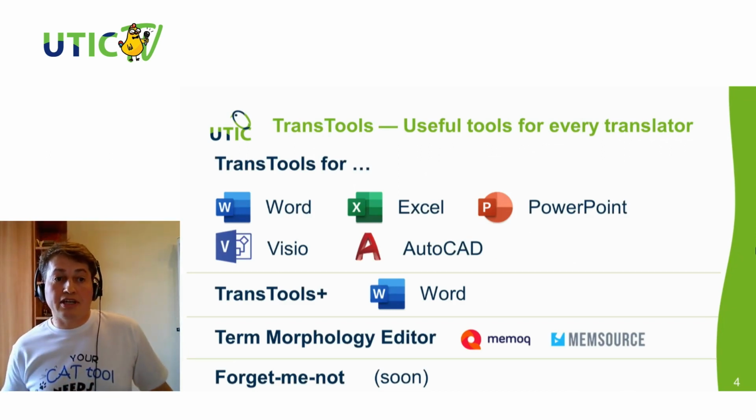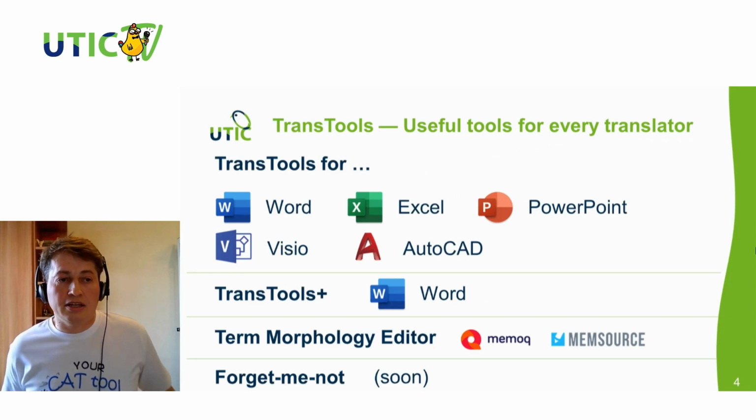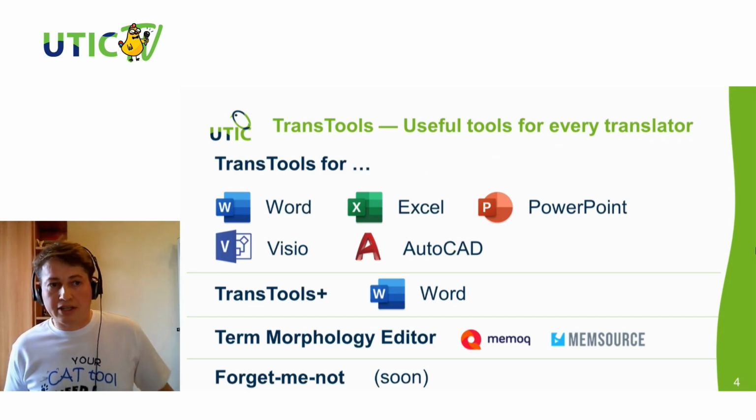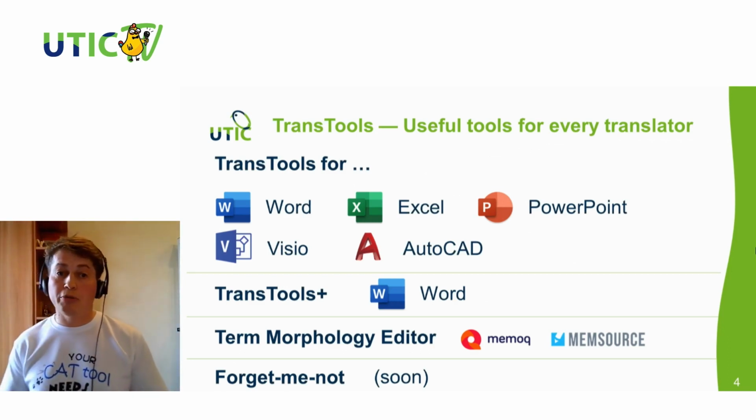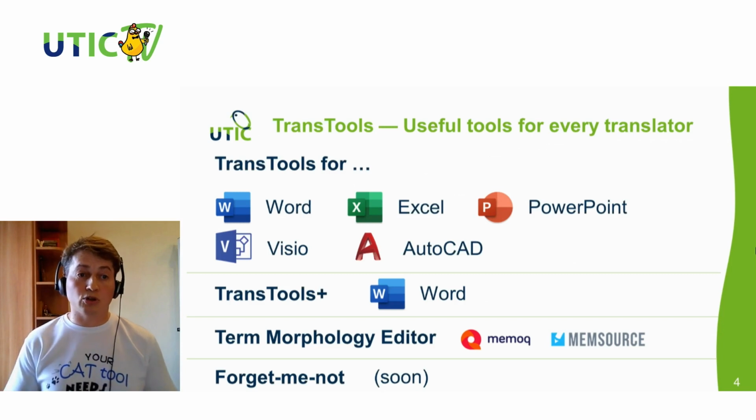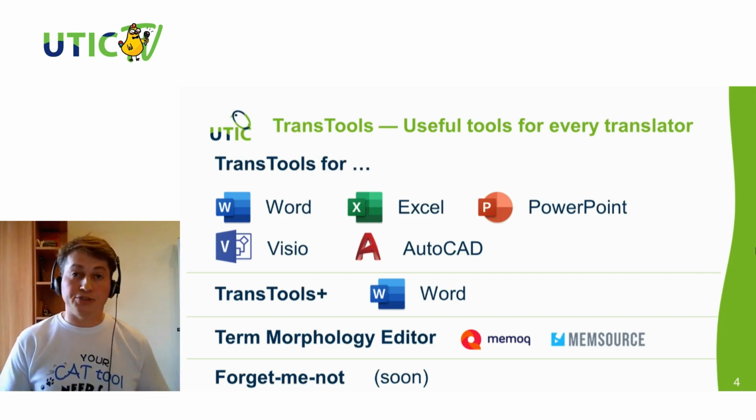TransTools products help freelance translators, editors, and LSPs all over the world save time and improve quality while translating Microsoft Office documents and AutoCAD files. These products complement CAT tools in areas where they are lacking, such as dealing with imperfect formatting and layout in Office documents, or translating complex files like AutoCAD and Visio.